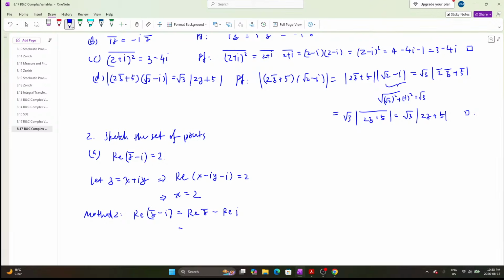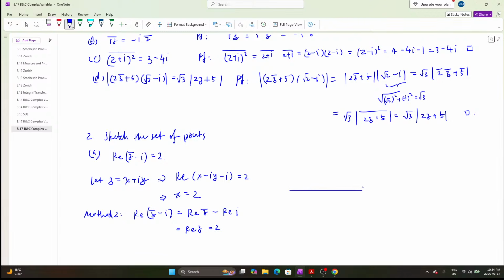The real part of z bar is the same as the real part of z, because the complex conjugate only flips the sign of the imaginary part and doesn't change the real part. And the real part of i is 0. So this just says the real part of z is 2.